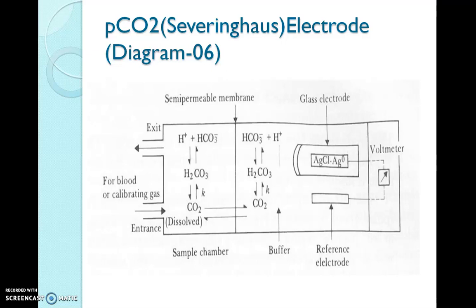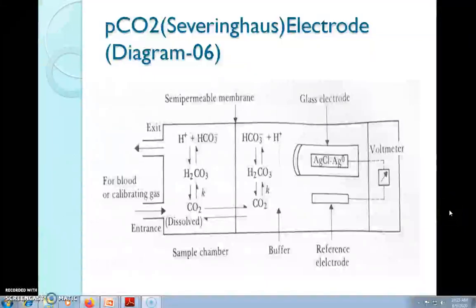The two chambers are separated by a semi-permeable membrane made of Teflon or silicone rubber. The membrane allows dissolved CO2 to pass through but blocks the passage of charged particles, in particular H plus and HCO3.